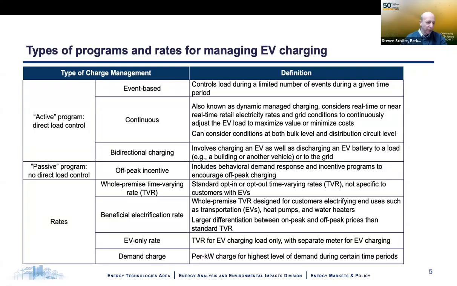And then energy rates. The most common again is having some sort of peak demand charges, or for example, in the service territory that I am in, there are EV-only rates available with separate meters. So there's a range of program types that can be used for that.